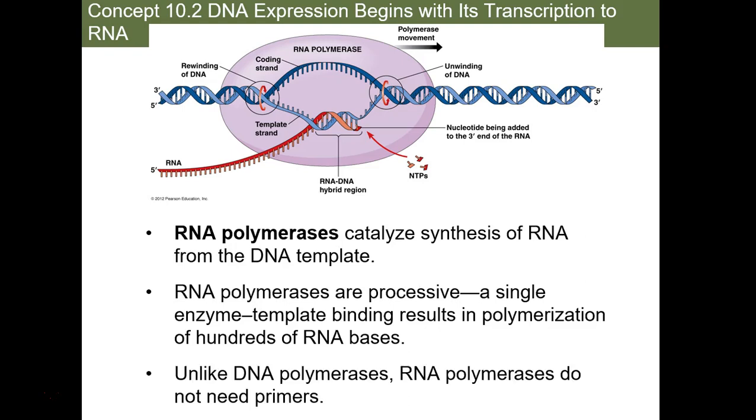RNA polymerase synthesizes RNA from the DNA template. RNA polymerase is processive, meaning that a single enzyme results in hundreds of RNA bases being catalyzed together. Unlike DNA polymerase, RNA polymerase does not require an RNA primer.